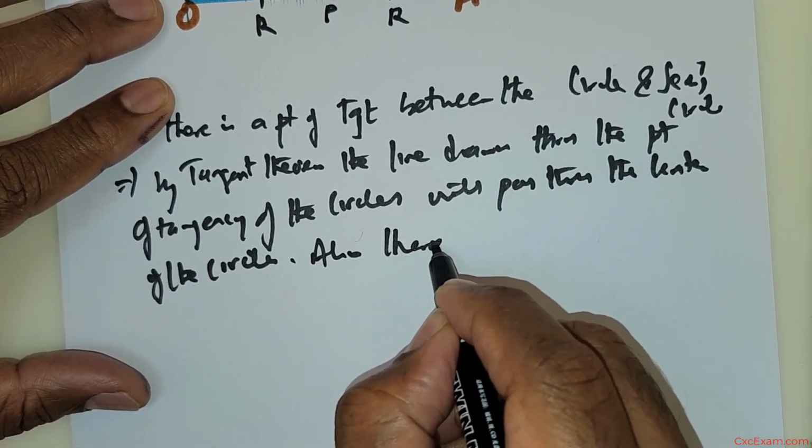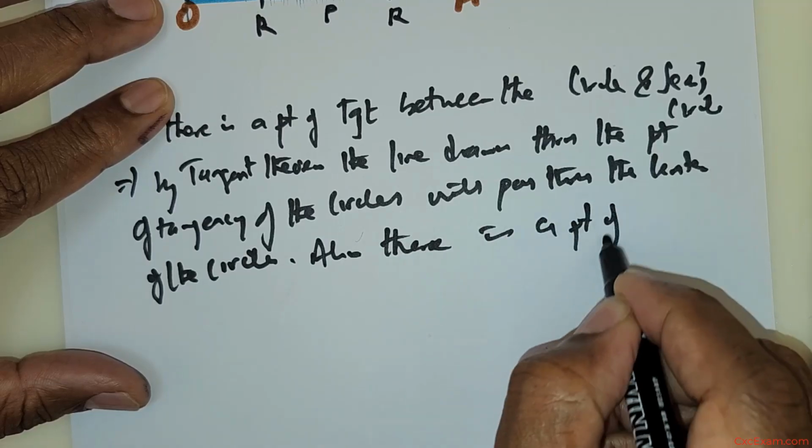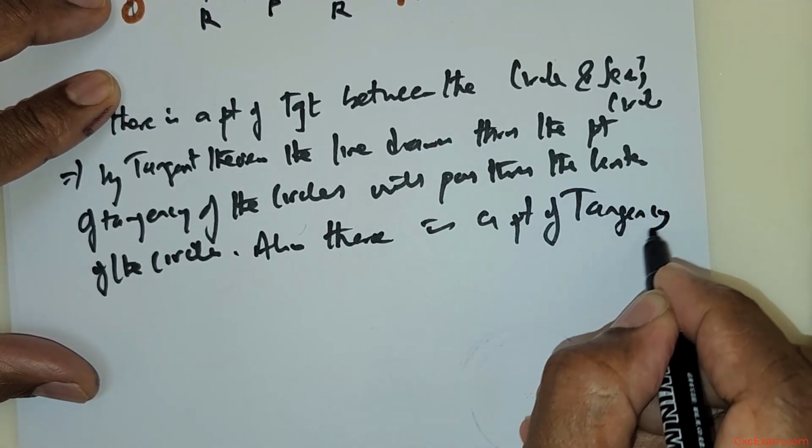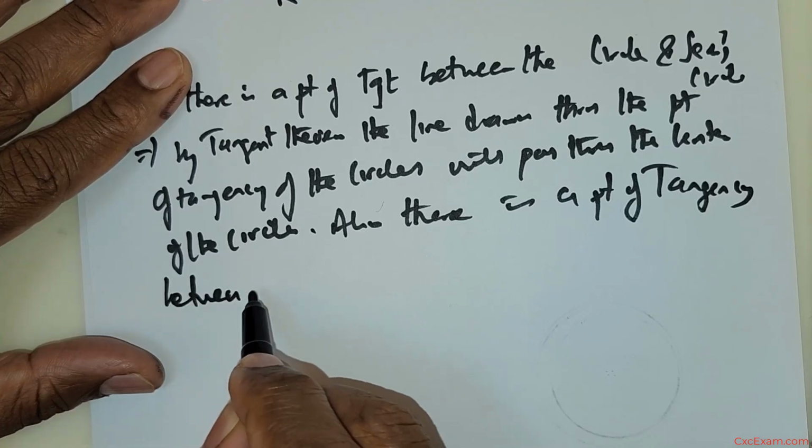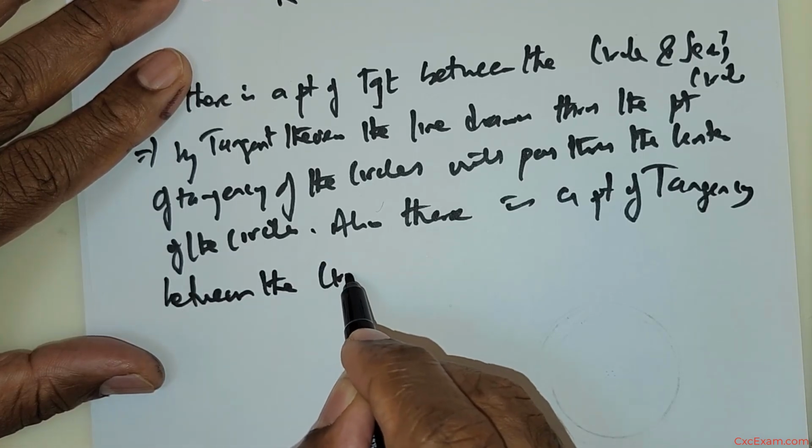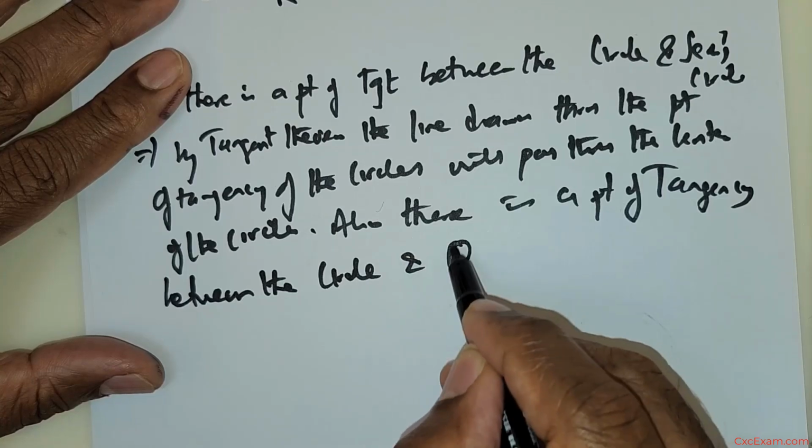Also there is a point of tangency between the circle and the quarter circle.